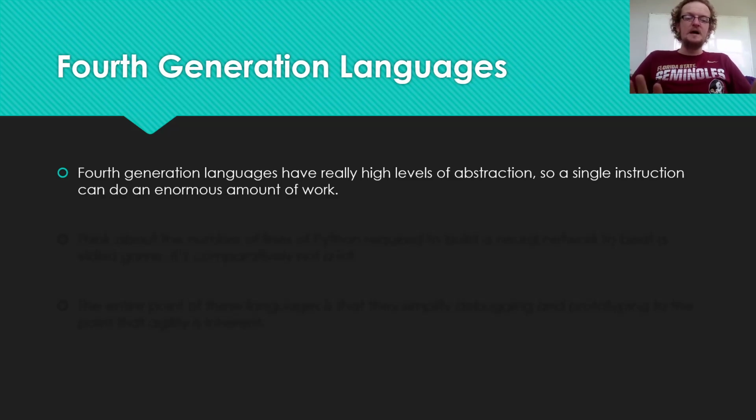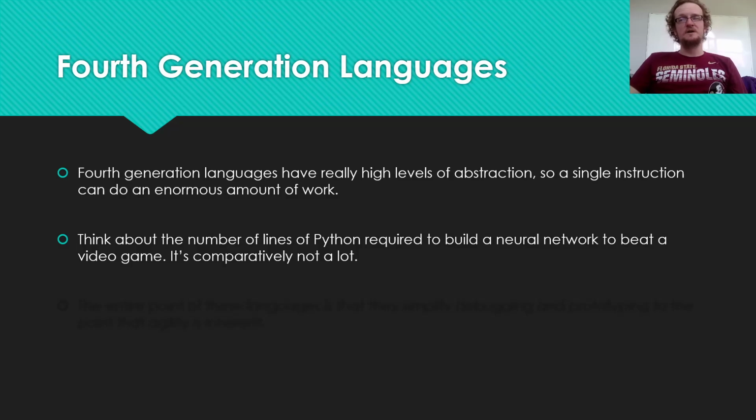Compared to a first generation language where a single binary instruction is literally one binary instruction, you could have something in Python like an enumerated list, or list comprehension, that generates a crazy amount of binary instructions for that one actual keyword in the language. So for every line of code that you're writing in Python, you're actually writing a much larger amount of code that's actually running on the processor.